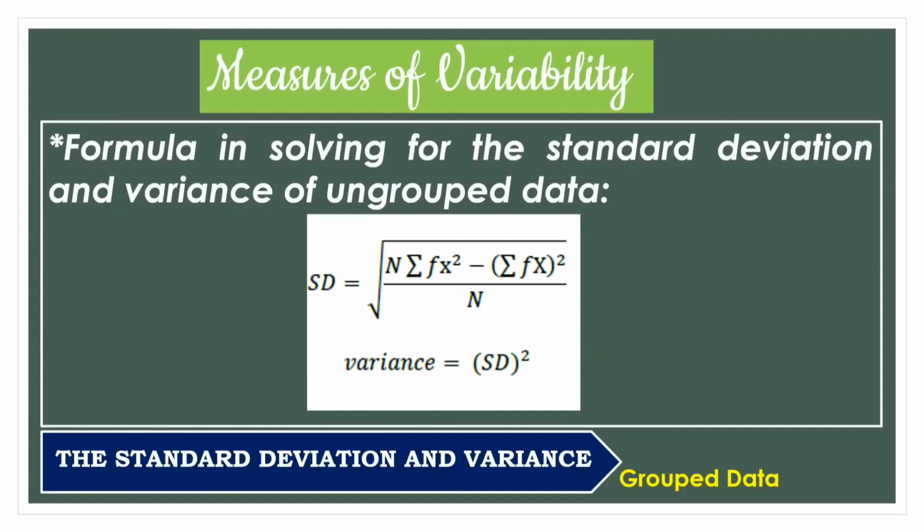Standard deviation is equal to the square root of n times the sum of f times x squared, minus the quantity sum of f times x, squared, all over n. When we square that, the result is the variance.